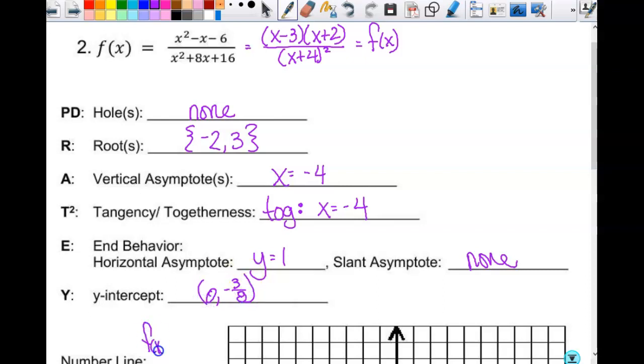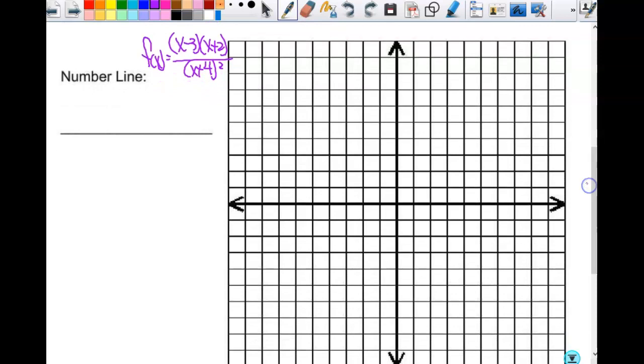Then I'm going to rewrite this. And I get x minus 3 times x plus 2 over x plus 4 squared. Okay. So now I'm going to scroll. So now on my number line, I'm going to put the -4, the -2, and the 3. -4, -2, 3. Right? Okay, so if I substitute in a -5, -5 is going to give me negative, and then in the denominator, since I'm squaring and all I'm using is real numbers, am I going to get something positive every single time?